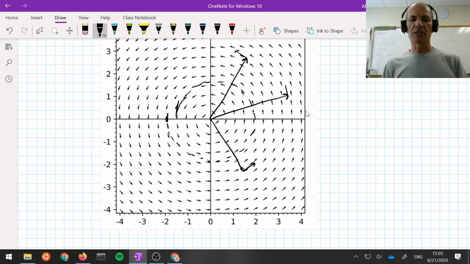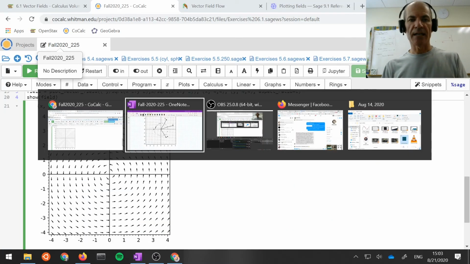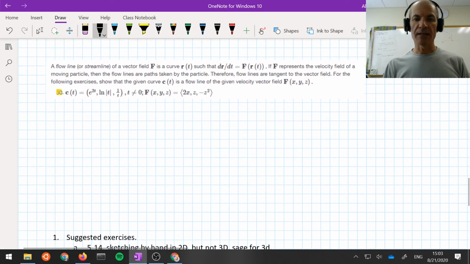It would flow along some natural trajectory. And that trajectory actually has a name. It's called a flow line for exactly this metaphor. And it's a curve such that the derivative of the curve is equal to the vector field along the curve. Got it? The derivative of the curve is equal to the vector field along the curve.